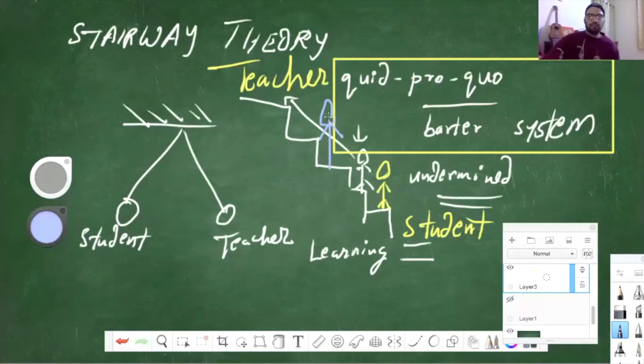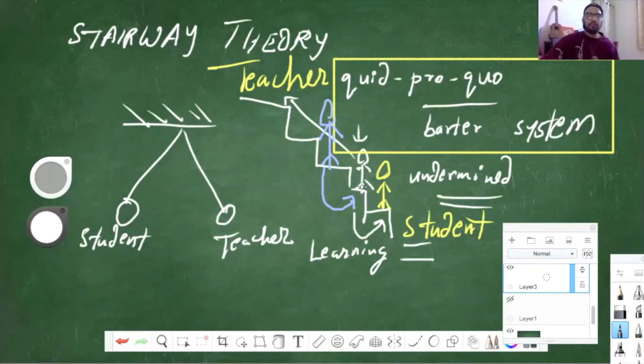There will be another person above you and another person below you. You'll learn from the person above you, and you will impart some knowledge to the person below you. So in this model there is above and below.